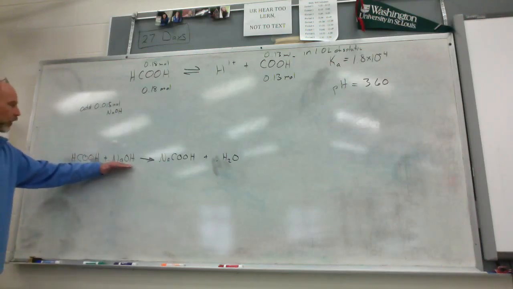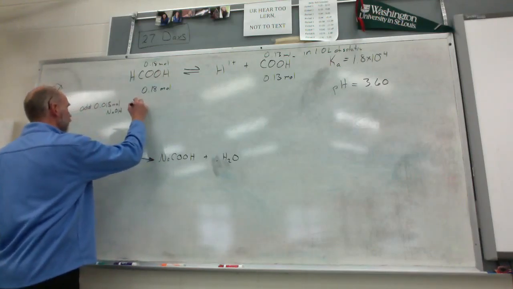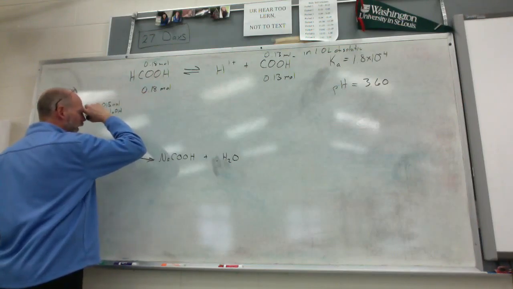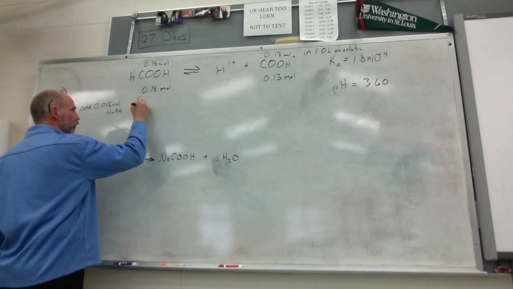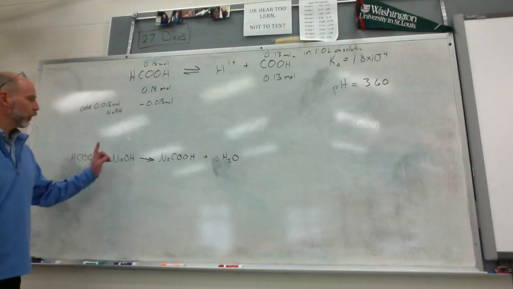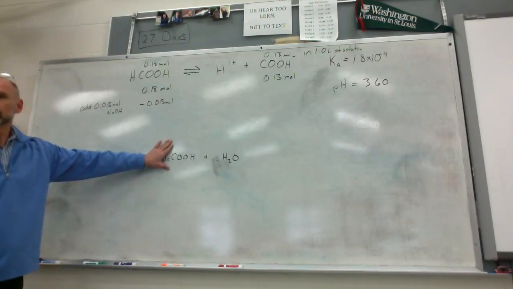So if I'm adding the sodium hydroxide, what's going to happen to the concentration or the amount of this, the moles of this? It's going to decrease by how much? 0.015 moles. So from here, it's going to take away 0.015 moles. What's going to happen to the concentration of the methanoate ion?